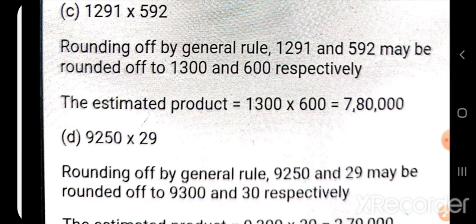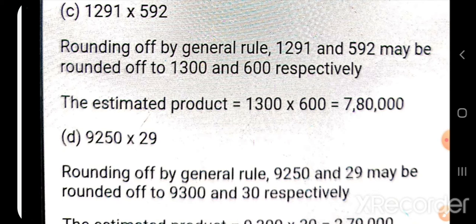Rounding off by general rule, 1291 and 592 may be rounded off to 1300 and 600 because 1291 comes between 1200 and 1300 and 1300 is nearer to 1291.